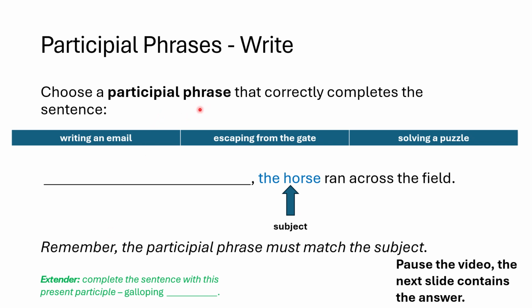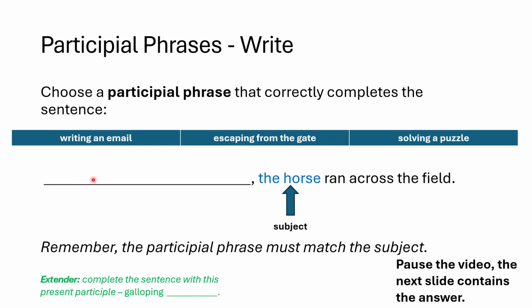Choose a participial phrase that correctly completes the sentence. Writing an email, the horse ran across the field. Escaping from the gate, the horse ran across the field. Solving a puzzle, the horse ran across the field.